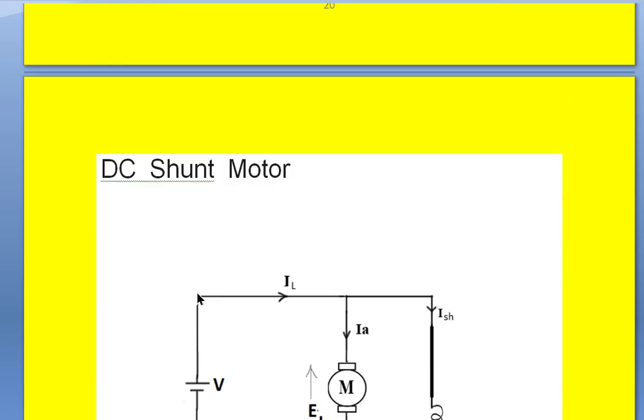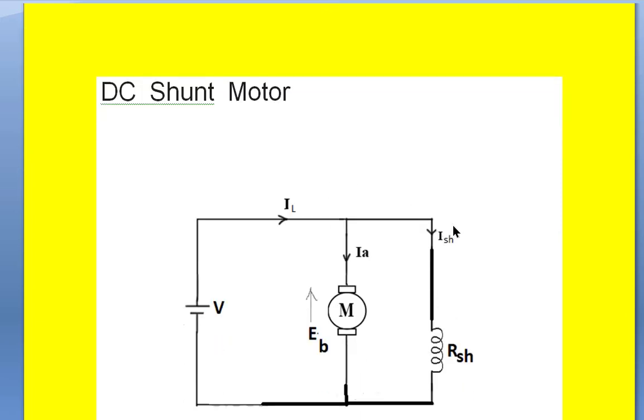So let us move to another motor called a DC shunt motor. In this case, the supply is connected across the armature and also across the shunt field winding.